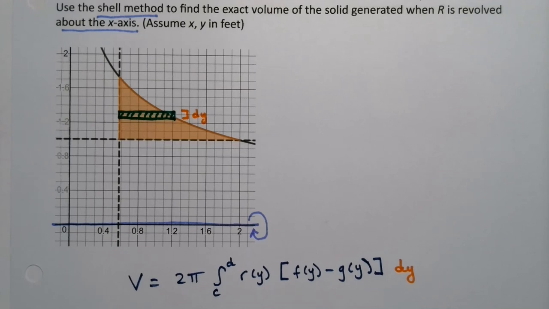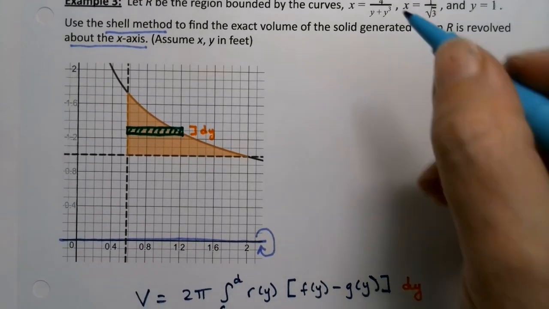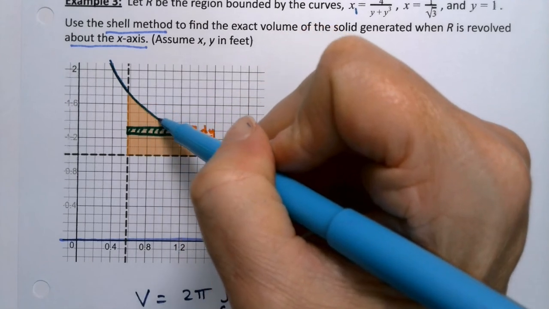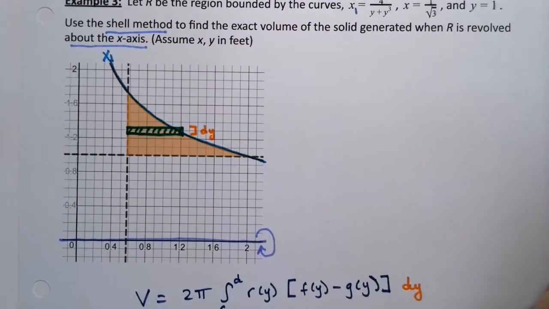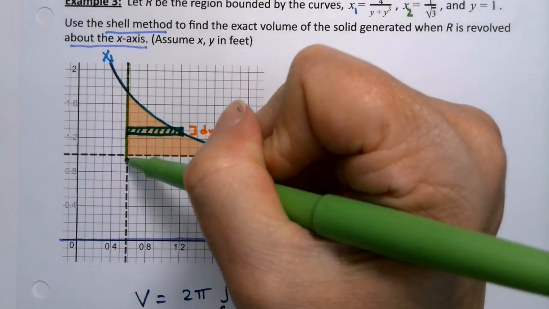All right, now let's figure out a few things. So we have these lovely curves here. We have a curve, I'll call it x1, which is right there. And then we have another curve, they call it a curve, but it's really a line, which I'll call x2, which is this vertical line right here.